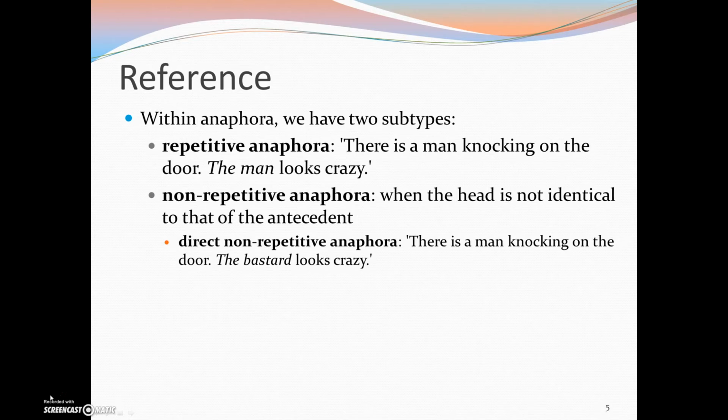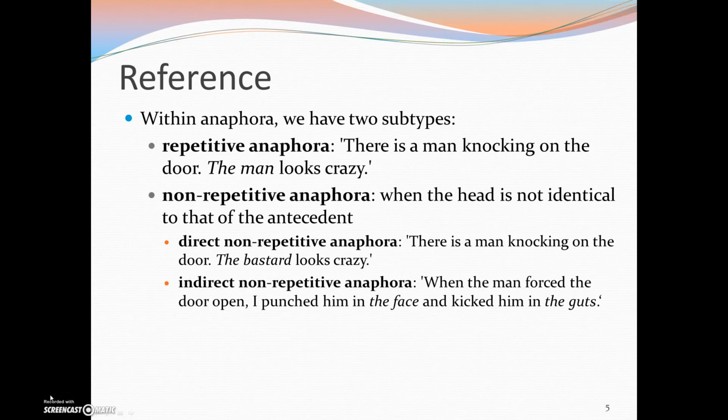So if I say, "There's a man knocking on the door, the bastard looks crazy," well, the bastard is referring directly to man. All right, so it's a direct link, but it's non-repetitive because I'm using a different word. I'm using bastard instead of man in this case. But you know from the context that I mean the same person.